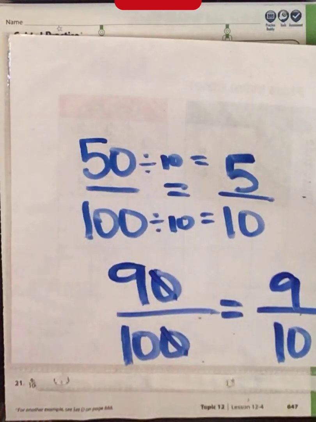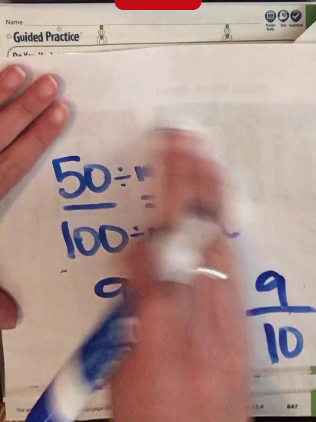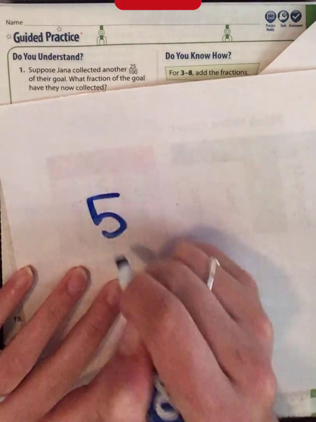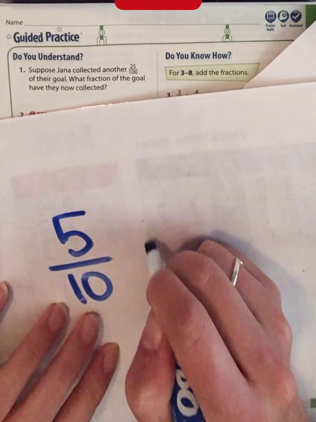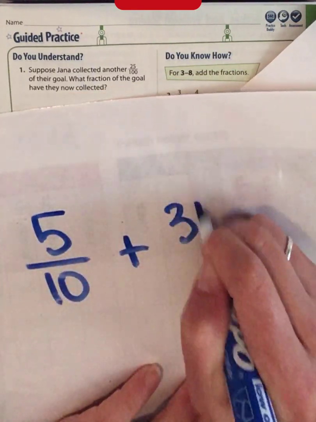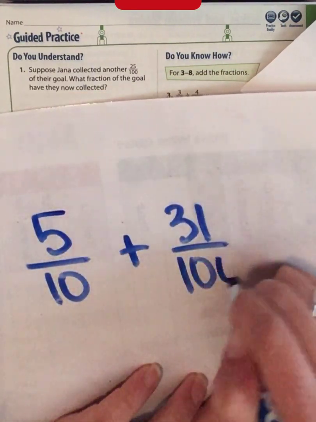Okay? So what you're going to see here is addition problems. I'm going to pull one from our assignment. You're going to see problems that look like this. You're going to have 5 tenths plus 31 hundredths.